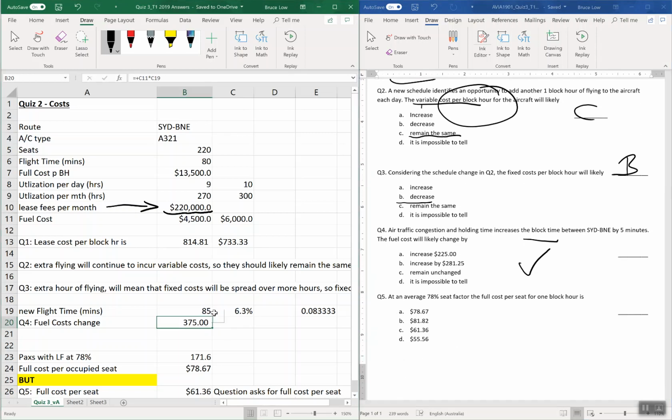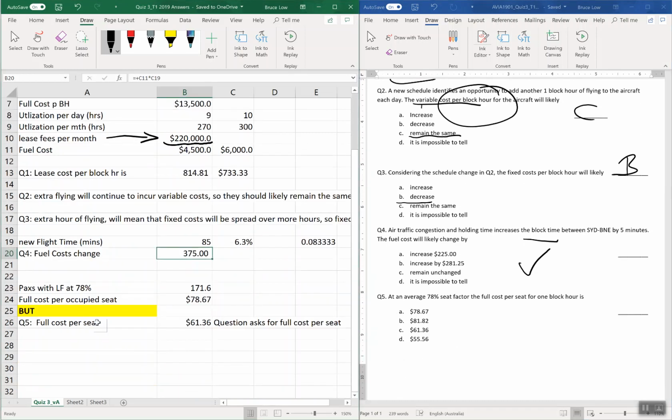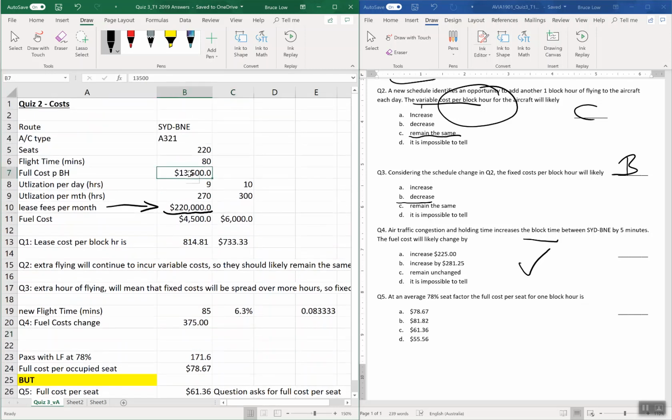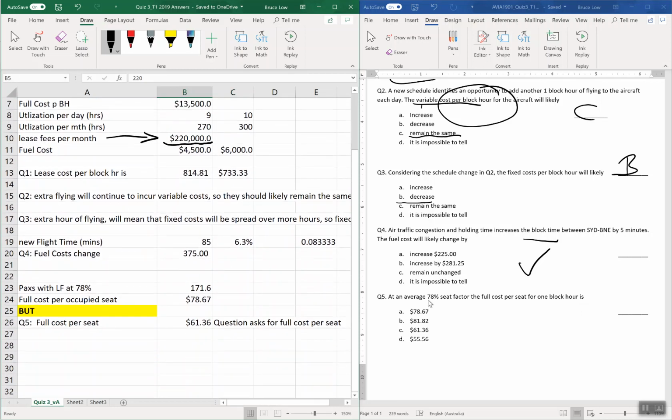Okay, so then question 5, the last one, it's asking at a 78% seat factor, the full cost per seat for 1 block hour. So it's the cost per seat for 1 block hour. We know the cost is 13,500 per block hour, and we know the seats are 220. So the seat factor of 78% is irrelevant.